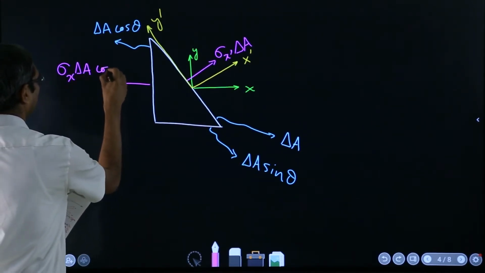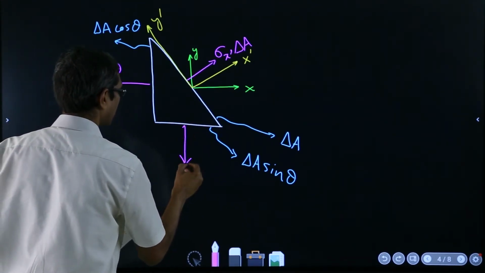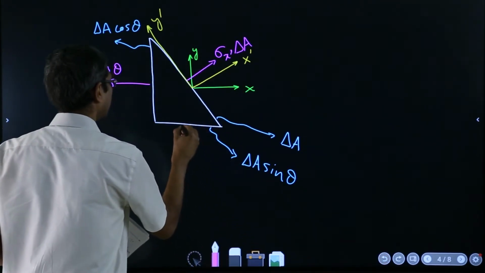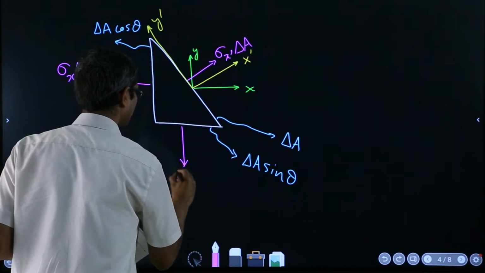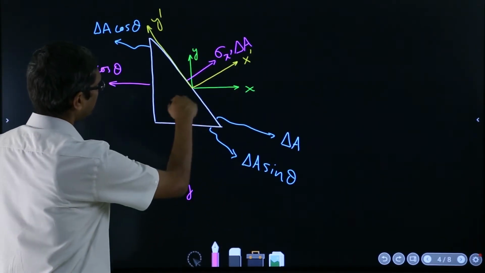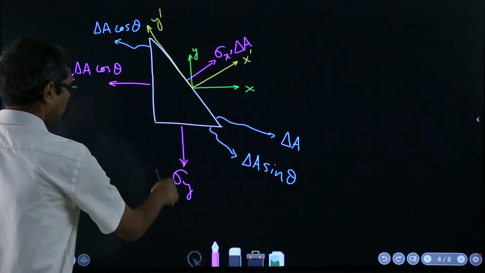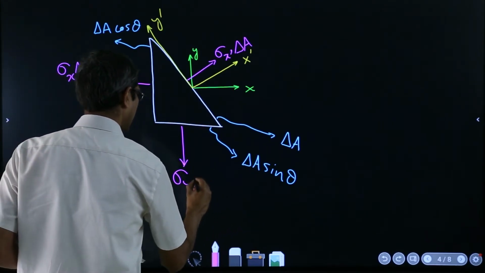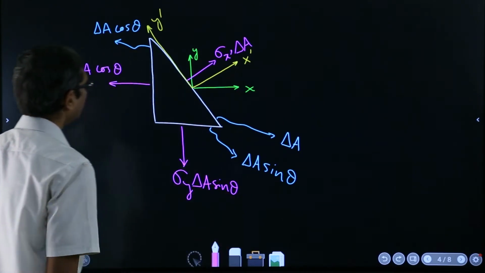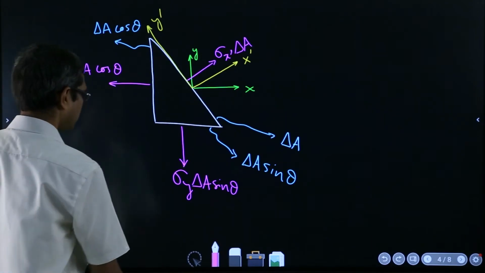Similarly, this one will be sigma y, because this plane is perpendicular to y direction. So, sigma y acts on that times delta A sine of theta. Okay, so these are the normal stresses.